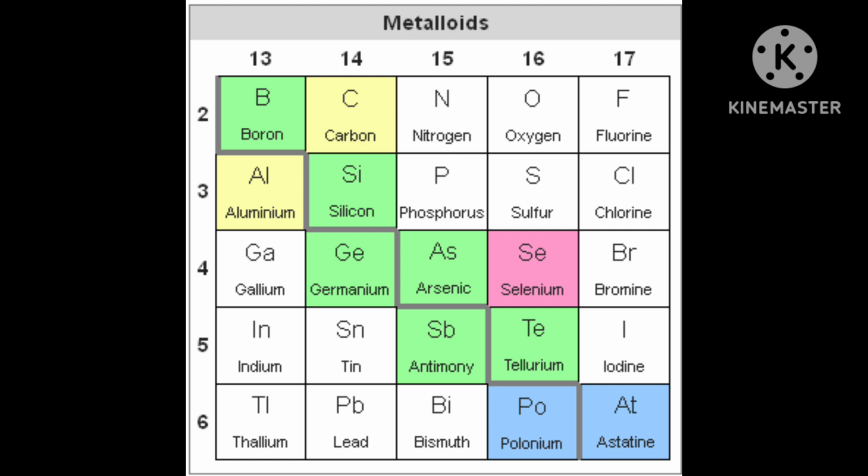As for example, beryllium is 4, then the mass number is roughly, I am not talking exactly, 9. 4 into 2 is 8, it is 9. Magnesium is 12, then its atomic mass is 24. Calcium atomic number is 20, then atomic mass is 40.